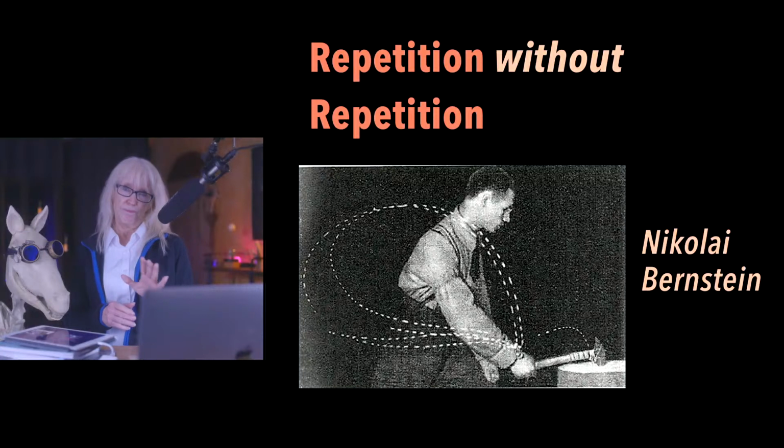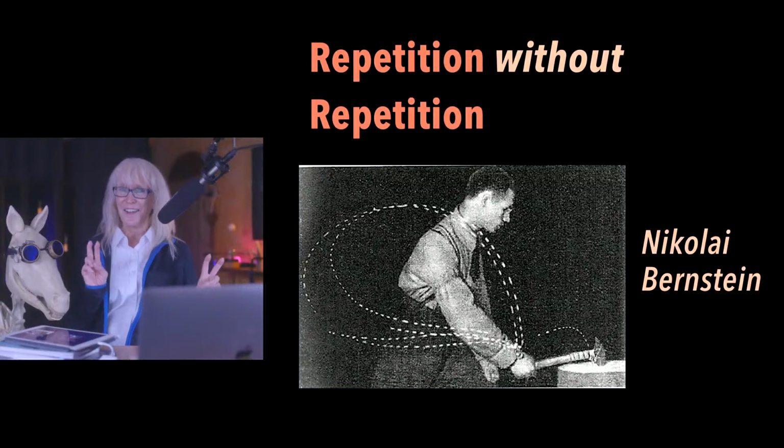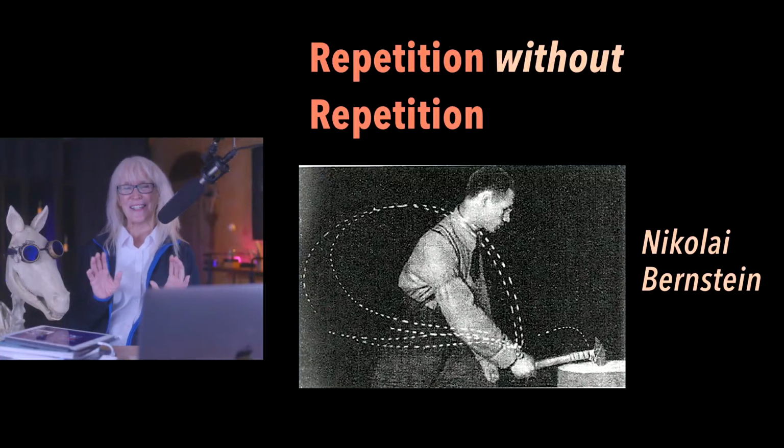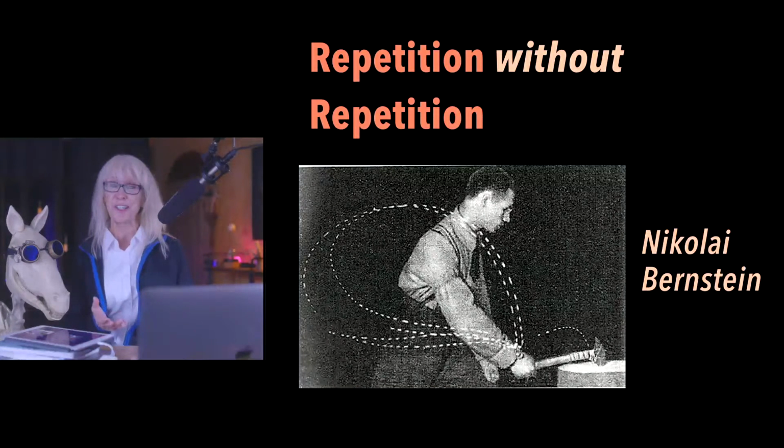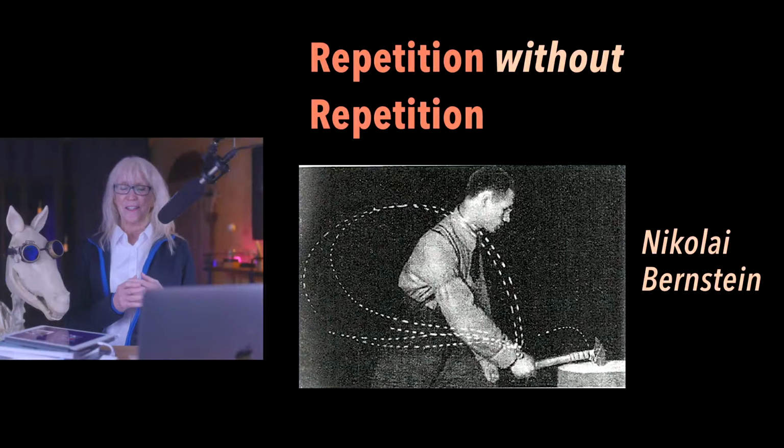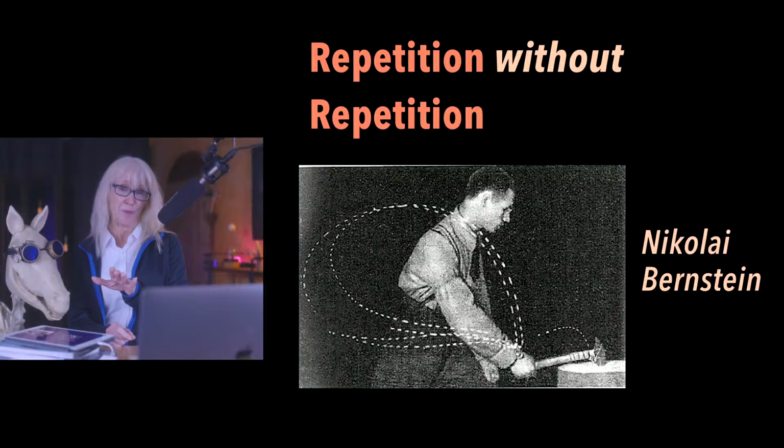And he did these very primitive, but high-tech at the time, motion capture studies. I think they called it a cyclograph. And one of the first studies, and this is probably the example that most of you are familiar with, is with expert blacksmiths. And I mean expert, right? It's important that we're talking about experts.